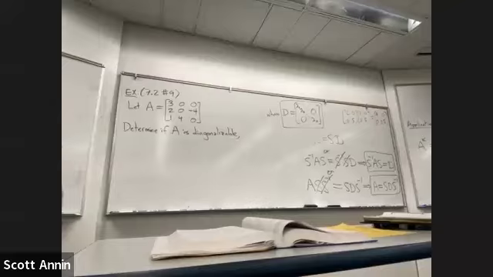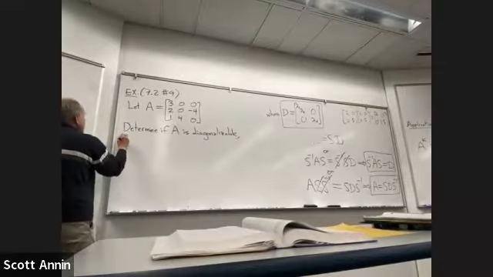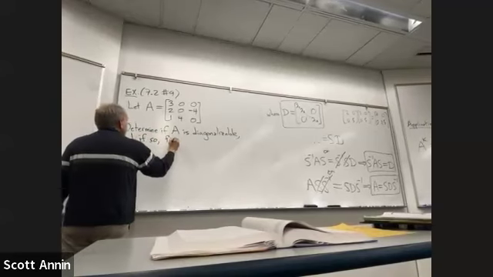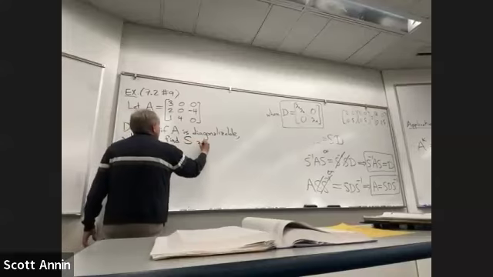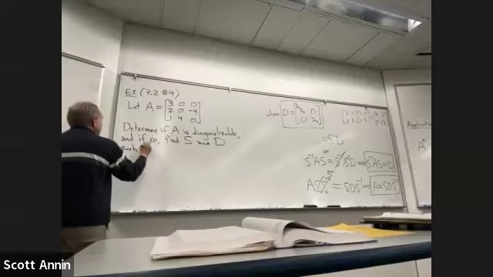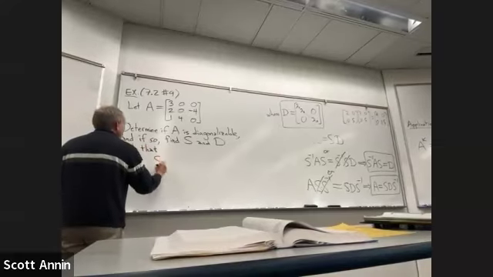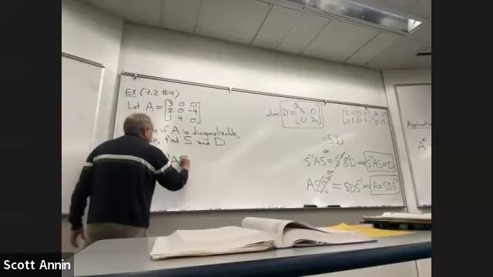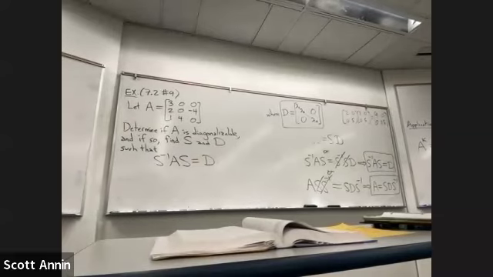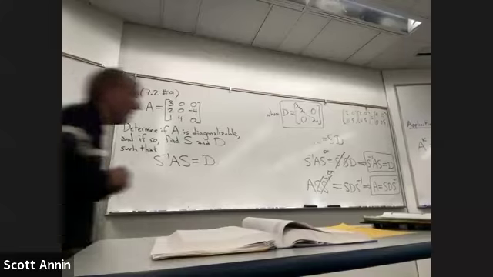Remember, that just means non-defective. Determine if the matrix is non-defective, and if so, find S and D such that S inverse times A times S is equal to D.